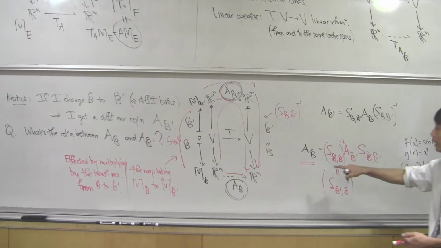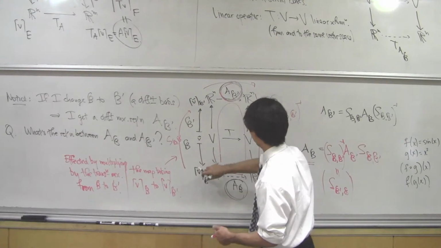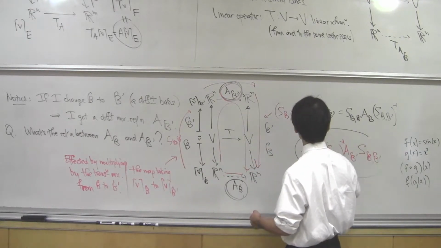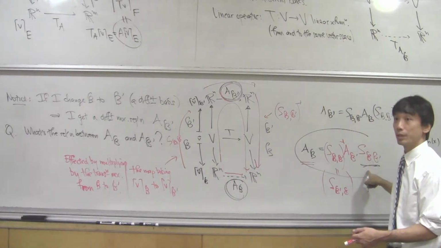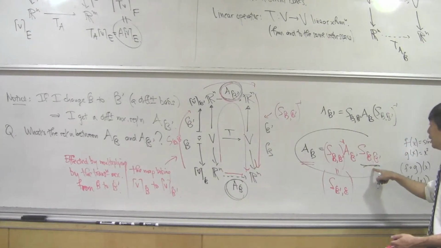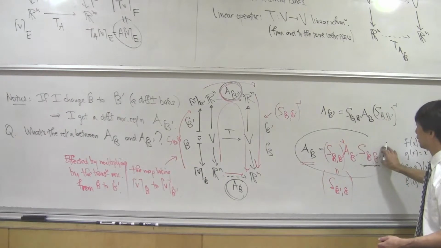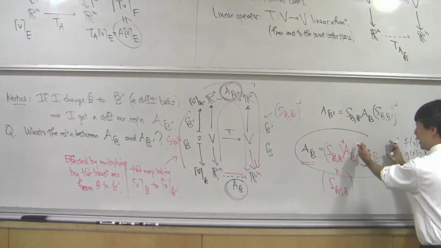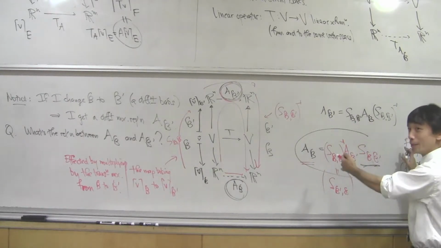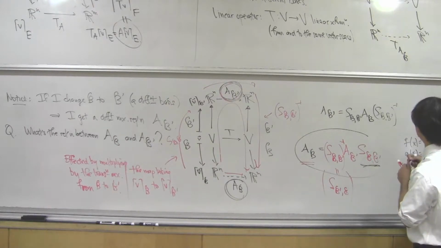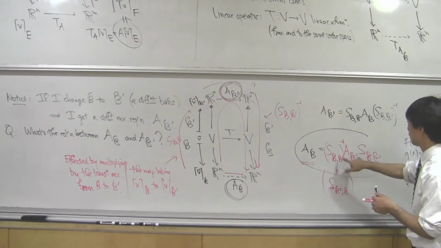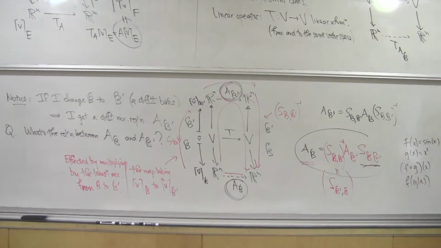So same thing here. This thing is going to act on the vector, and then this thing is going to act on that thing, and then this thing is going to act on that thing. It's just the composition notation. When you have linear transformations, this is how you write them.